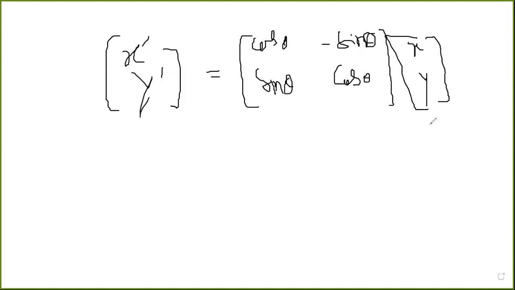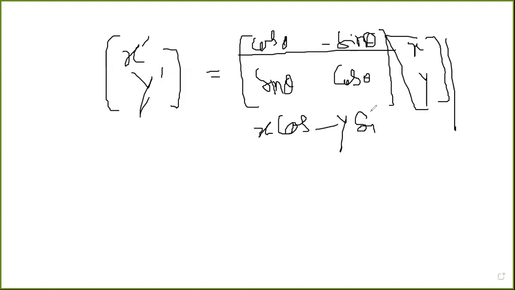If you multiply this row and this column, you get x cos theta minus y sin theta.